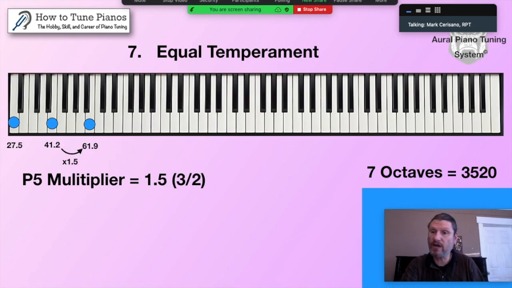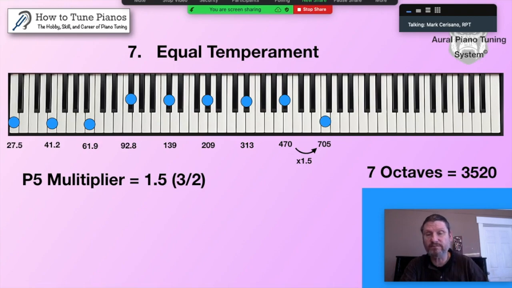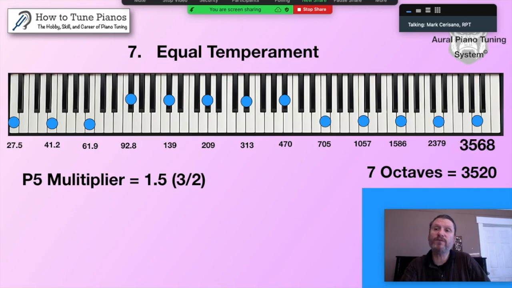This one here, we already talked about the pictures. All the other ones are the same color until we get to the B flat F. That's the only 2 fifths that are mixed colors, and all the other ones have the same color. And when we get to the top, we end up at 3,568. We overshot the octaves.